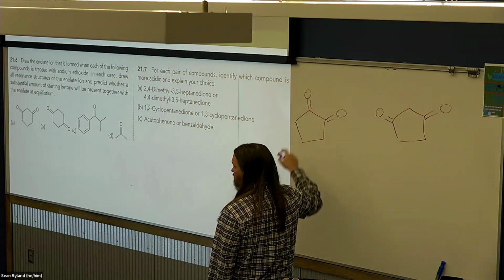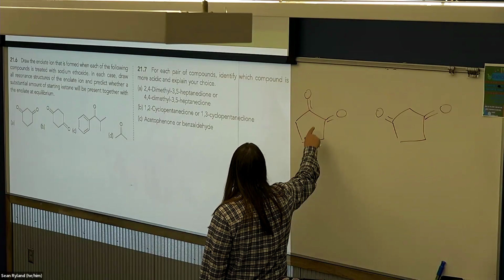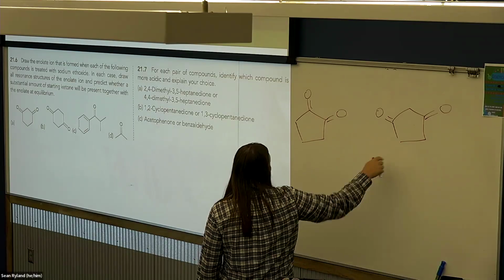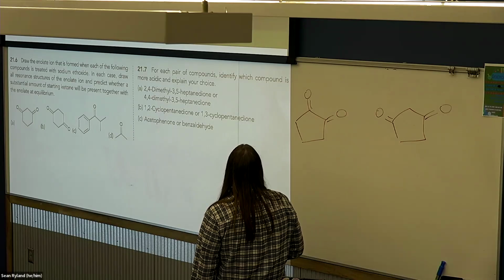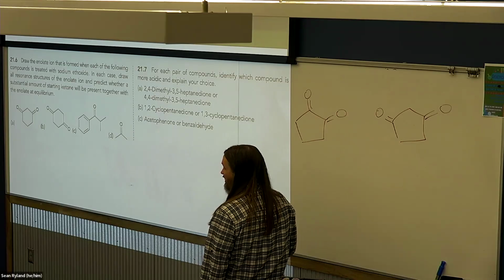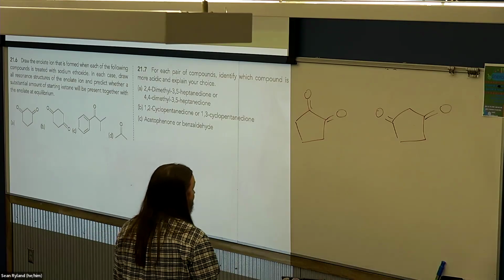Yeah, there's no doubly stabilized alpha hydrogen on the first one. So the second. The house with a chimney and a cannon is not as acidic as the house with 2 cannons. Yes.